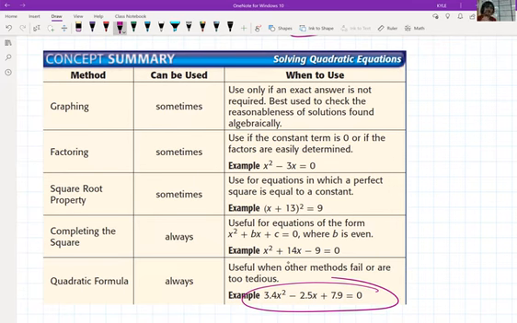So these are 5 different methods we have to solve quadratic equations. Some are going to be more useful than others. Some will be able to be used whenever, some can only be used in certain situations, but it's important to know how to use them all, not just so you can solve quadratic equations, but these are kind of the building blocks for some other concepts we're going to be learning later this year in future chapters.